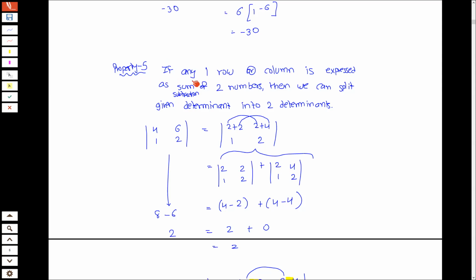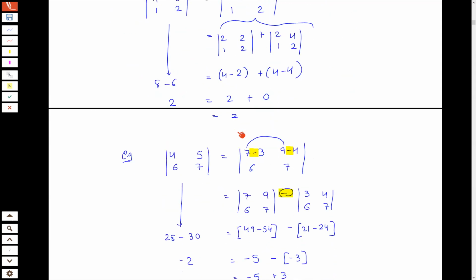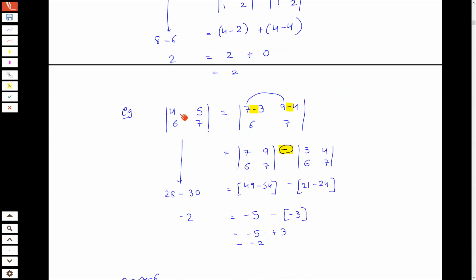It is not very important, but sometimes if it is split, you can combine. Look here, another example. I have 4 and 5. So 4 can be written as 7 minus 3, and 5 can be written as 9 minus 4. Any number you can write. So you can split this into two determinants. 7 and 9 I will make one determinant, and 3 and 4 another determinant.